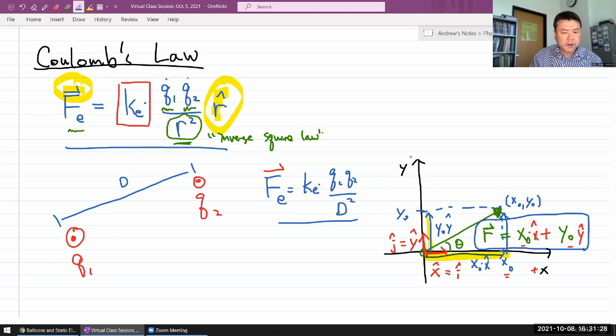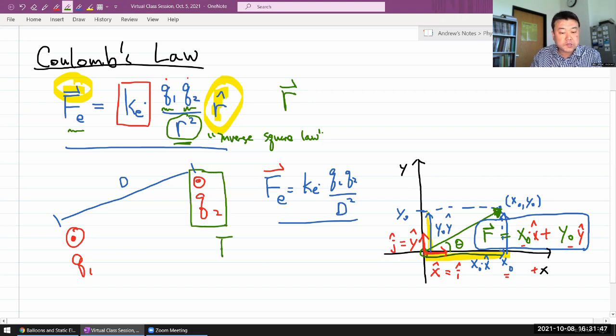Let me draw a couple more diagrams, or a couple more auxiliary figures. One is the definition of this R vector. So how do we define this R vector? Let's say we are looking at this charge Q2 and we are considering the electric force on charge 2 by charge 1.